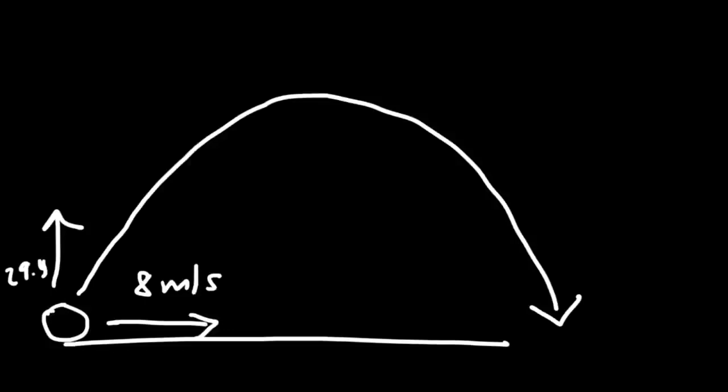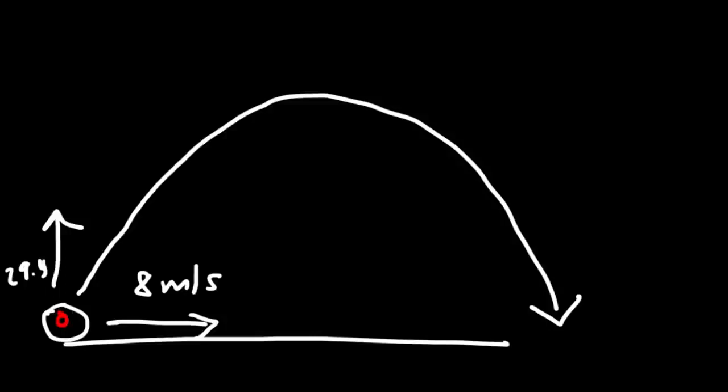But let's say that initially Vx is, let's use a nice number, 8 meters per second. And Vy, we're going to say is 29.4 meters per second. So that's at a time value of 0.